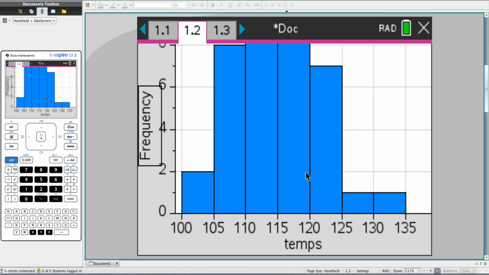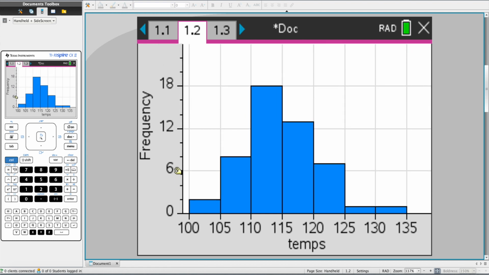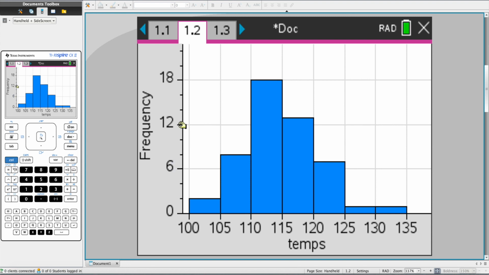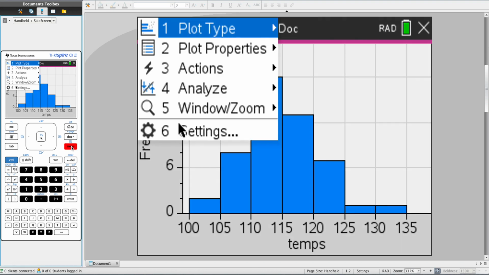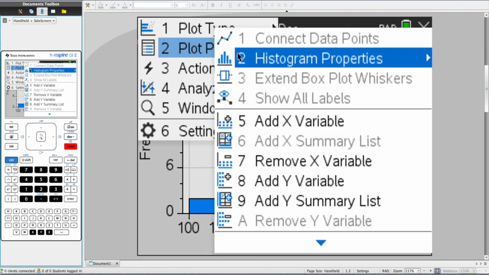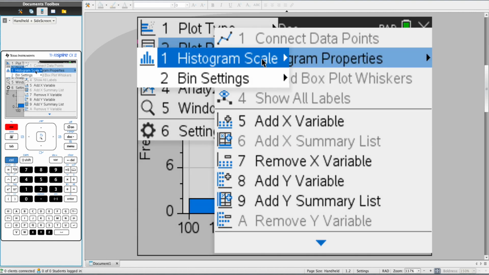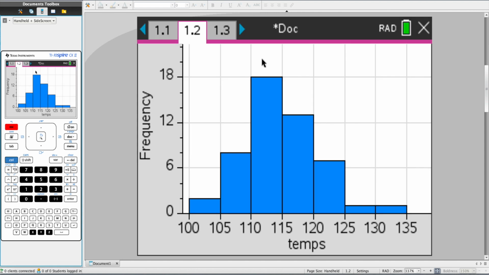So if I hit OK, we now see, if I scale this down just a little bit, we get the exact same distribution. And all I had to do here was scale this down. But again, you could go Menu, Plot Properties, and you can change any of the scaling that you want. Okay, back to the notes.